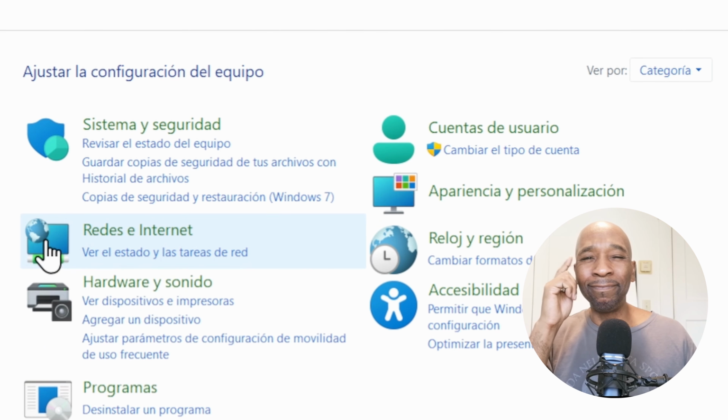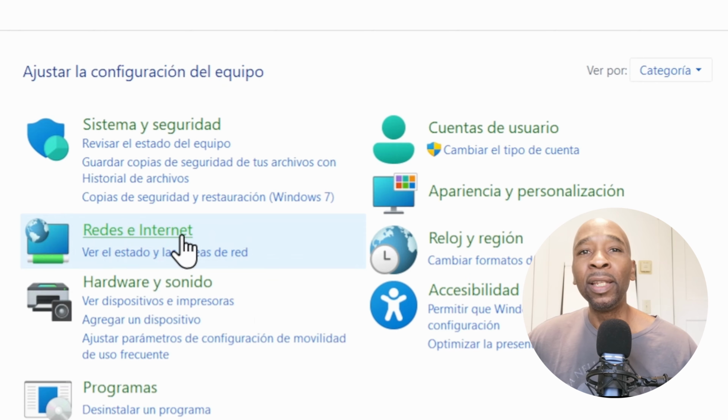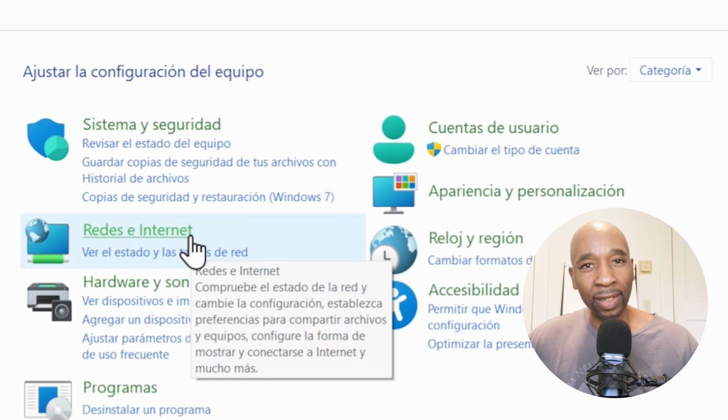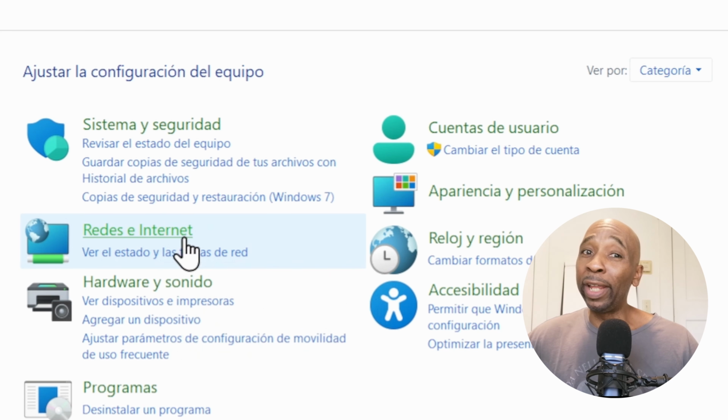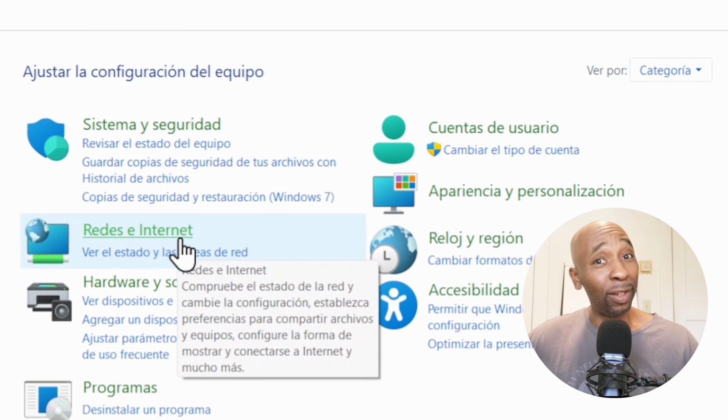What do you think that means? Redes y internet is network and internet. And if you couldn't guess that internet looks just like internet, then I don't know about you.